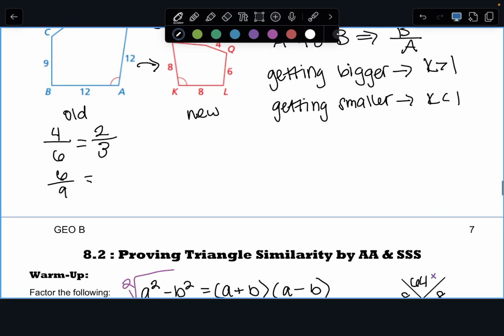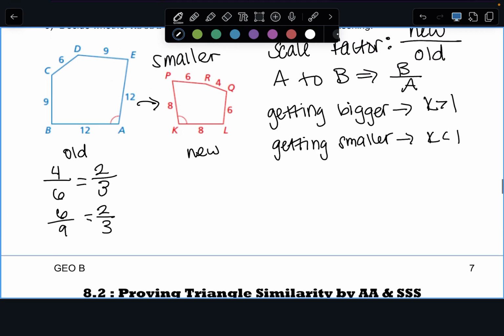I reduce that, and I also get 2/3. And then I jump to my biggest sides. That's my KL, that's 8, and BA, that's 12. So 8 over 12. I divide both of those by 4. I get 2/3. So are my corresponding sides proportional? Yes.